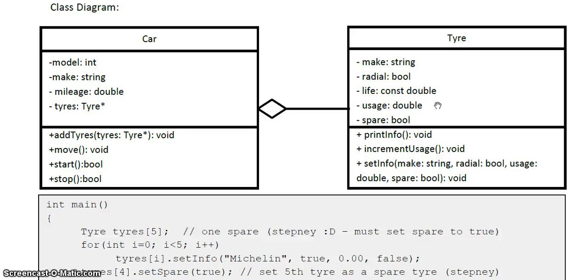When the mileage of the car is increasing, you have to update the usage of the tires as well, of those tires which are not spare. Spare tires means the extra tire which is usually in the trunk.